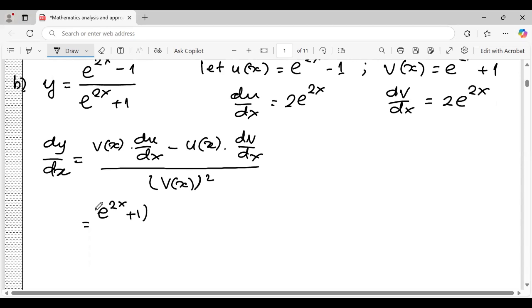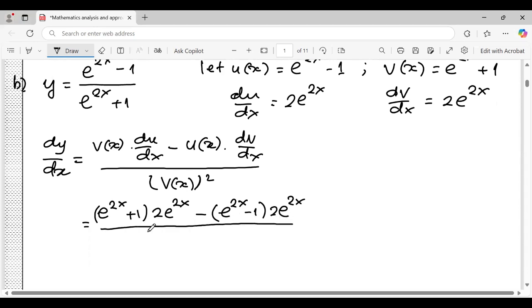(e^(2x) plus 1) times 2e^(2x) minus (e^(2x) minus 1) times 2e^(2x), divided by (e^(2x) plus 1) squared.